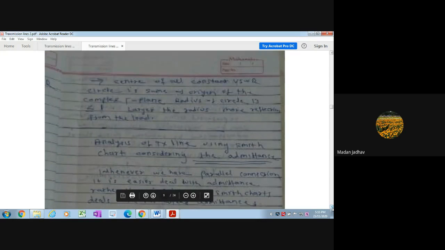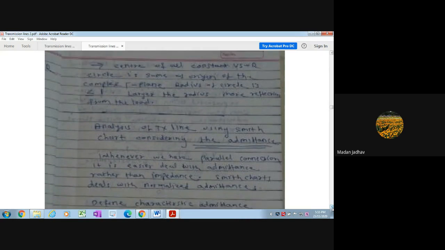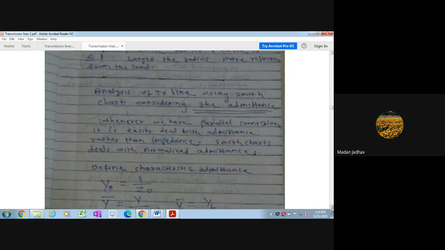Now, analysis of a transmission line using the Smith chart, considering that the admittance is nothing but the inverse of the characteristic impedance. That is, the admittance Y is equal to 1 upon Z naught.